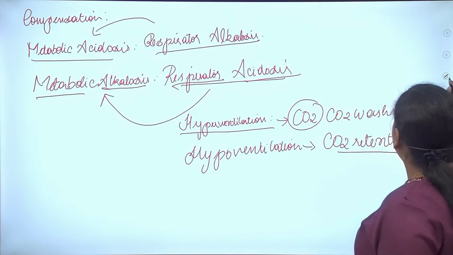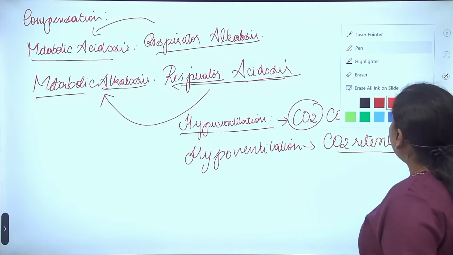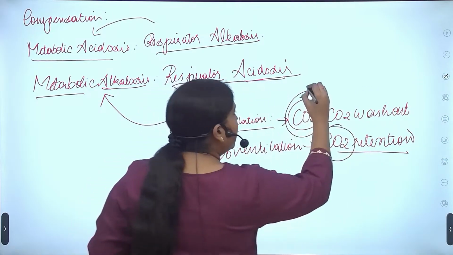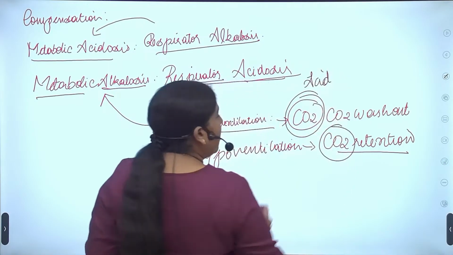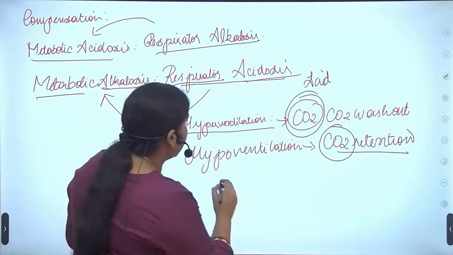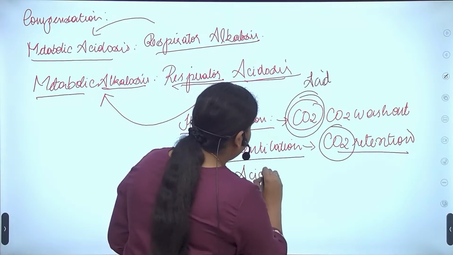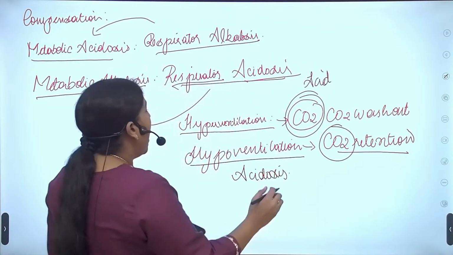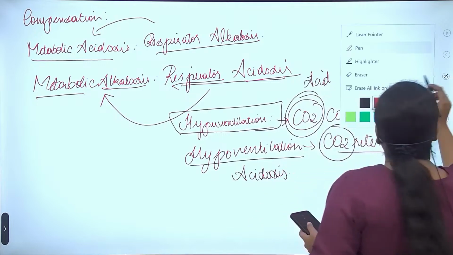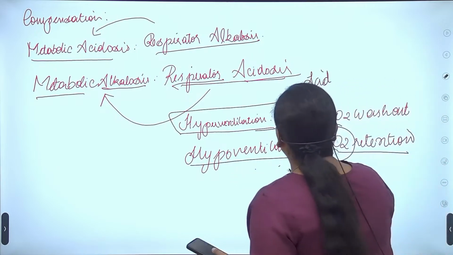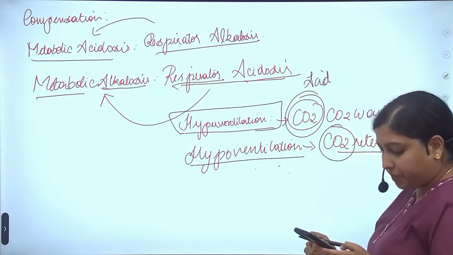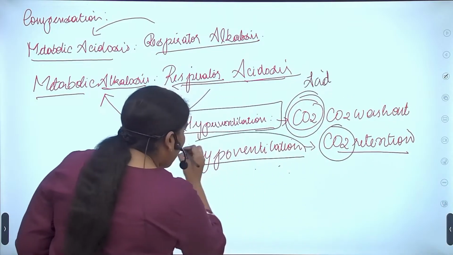As I said about the base and acid component, I think you're very clear. CO2 is an acid component. If CO2 is accumulated more in the body, it causes acidosis. So hypoventilation will cause respiratory acidosis, whereas hyperventilation will cause alkalosis.